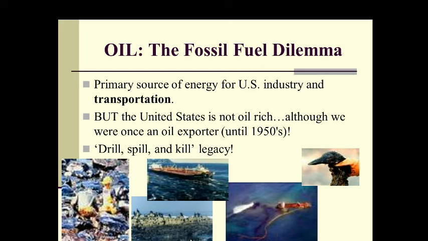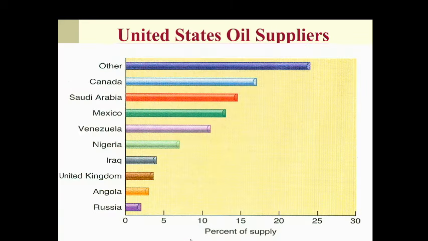So, it's a dilemma. The primary source of energy for U.S. industry and transportation is oil. But we're not oil rich. And we have a bit of a drip, spill, and kill legacy. So where do we get our oil from?